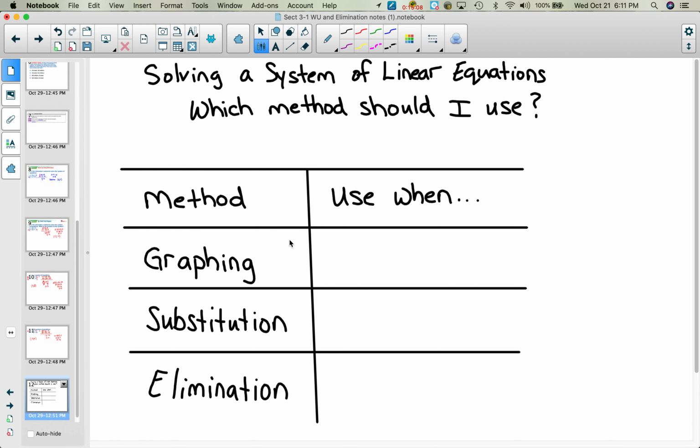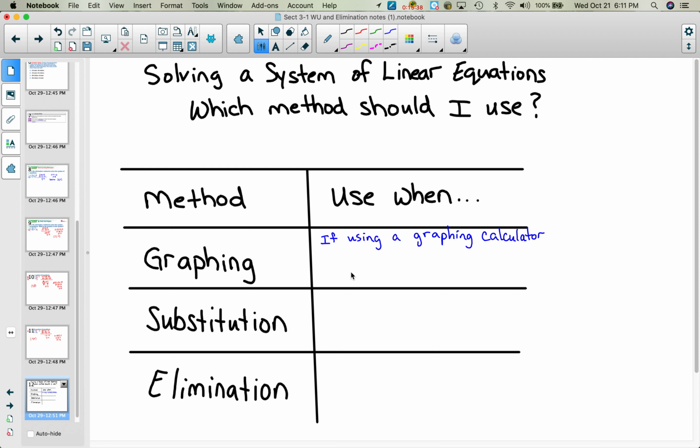As far as graphing, I would use graphing if I was allowed to use a graphing calculator. Otherwise, graphing is probably not the way I would want to come up with the solution to my system of linear equations.